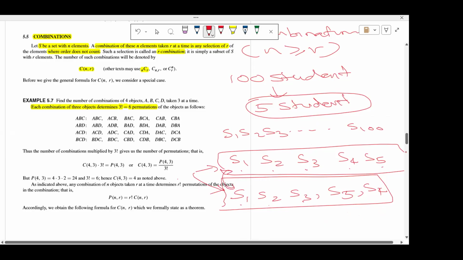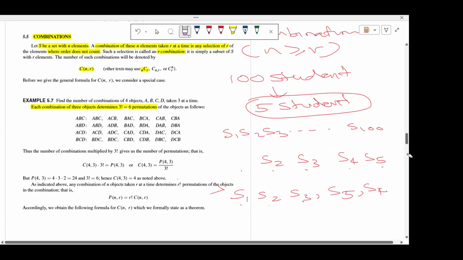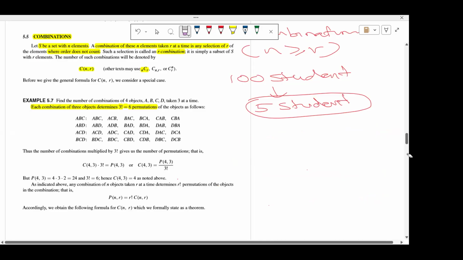If you write it this way, these are the same group we are denoting. So that's why we do not give priority for the order of the elements in combinations.